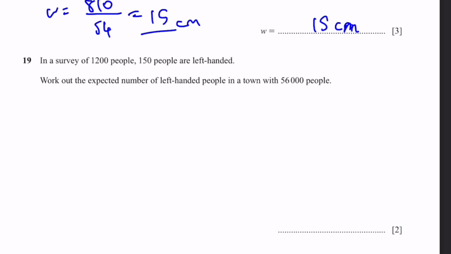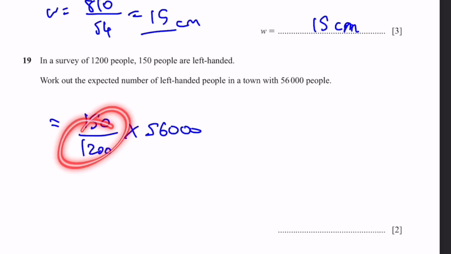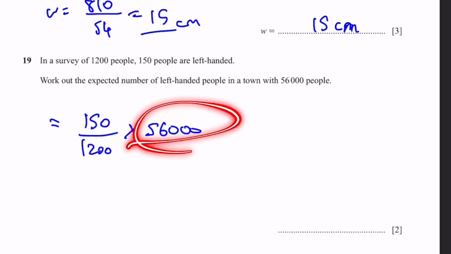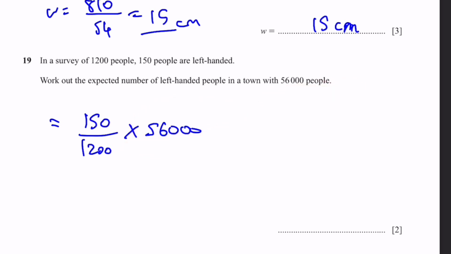In a survey of 1,200 people, 150 are left-handed. Work out the expected number of left-handed people in a town with 56,000 people. So that'll be equal to 150 by 1,200 multiplied by 56,000. Because this is the probability of choosing a left-handed person, and multiply by 56,000 for the town of 56,000 people.